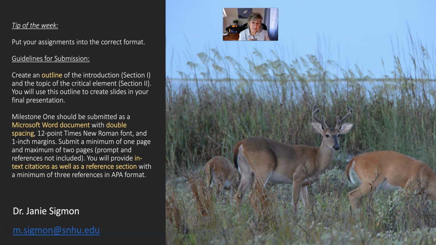Use in-text citations. Give credit where credit is due. If you got the information from somewhere, give credit. Plus, this is not an opinion piece, okay? You have to support all your information with other information from outside. So this is why you do research in the Shapiro Library. You can also do research online.